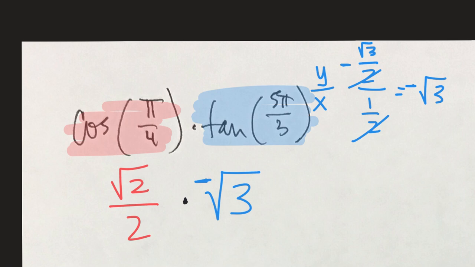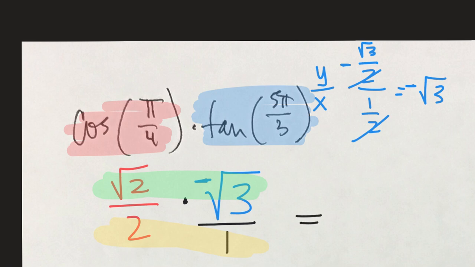So now I've got to multiply these things. So when we go back to our fifth grade, we learned to multiply a fraction by a number by changing the number into a fraction also over 1, because everything is divided by 1. So now the rule says we do numerators times numerators and denominators times denominators.